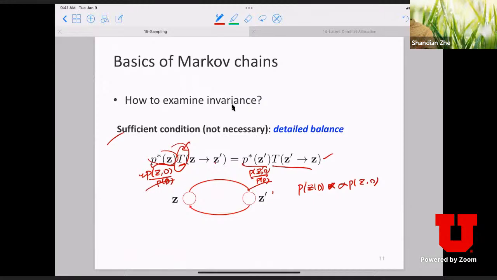However, if T doesn't satisfy this, it does not mean P star is not invariant to T. There's no guarantee, but in practice this is just for convenience, a quick test of my T. Even if I have some error, this is acceptable.